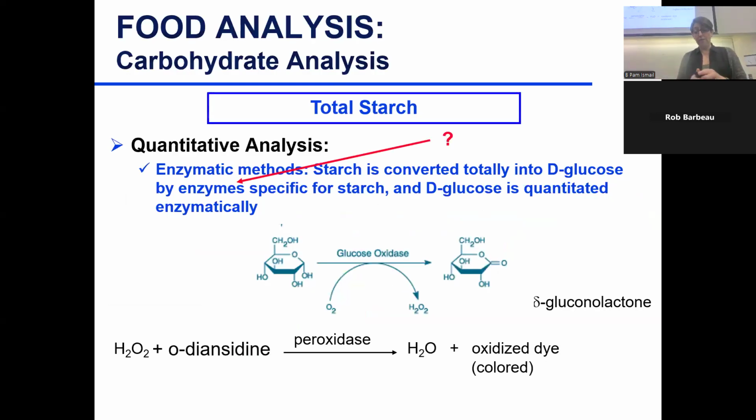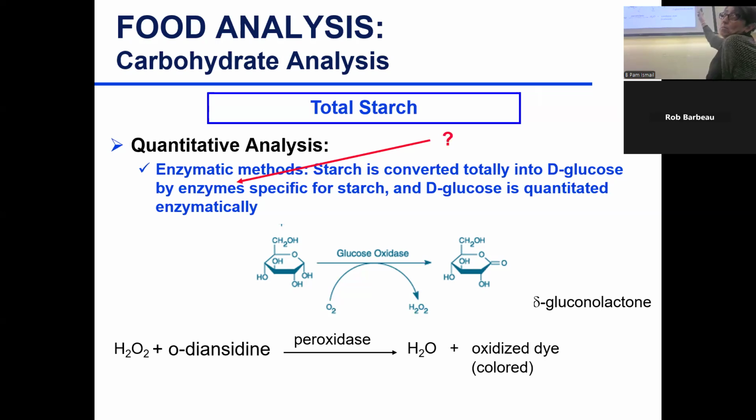Then once you have the glucose, here's another example of enzymes. This is the most common one that comes with kits that you buy. You break down your starch into glucose, and then you use a coupled enzymatic reaction to determine glucose. In this example, you use glucose oxidase. In the presence of oxygen, you produce a product called gluconolactone.